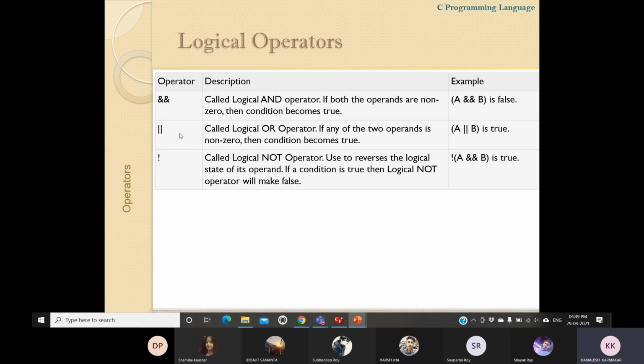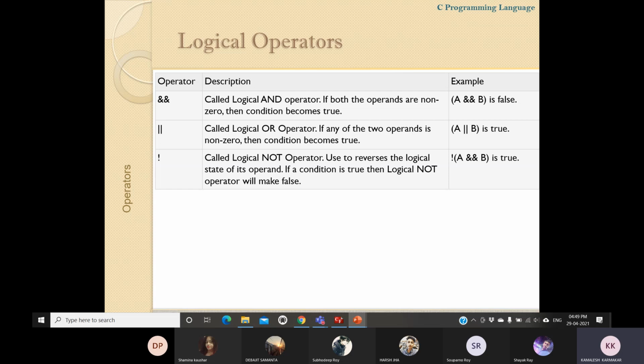The second operator is the OR operator. In case of the OR operator, if we have two conditions kept together using this OR operator, then if the first condition is true or the second condition is true, or if both of these conditions are true, then it will be true.